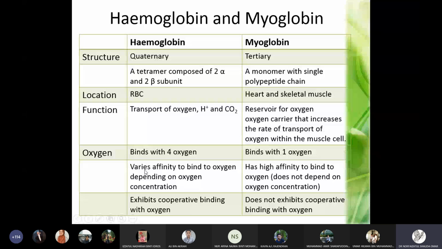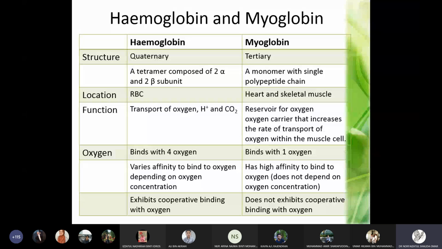Okay, hemoglobin has varying affinity to oxygen depending on the oxygen concentration. So when there's a high oxygen concentration, it has a high affinity to bind to the oxygen. But when it goes to the cells, when the cells need the oxygen, it will release the oxygen to the cells.